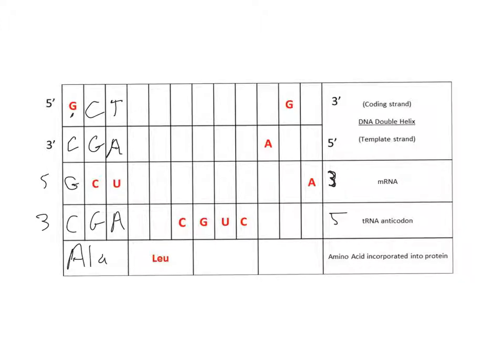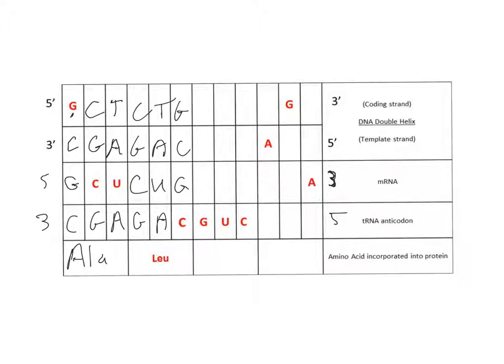And since I've given my C here, I know that the first two must be C and U, and again we have to remember that it's from the mRNA that we're reading that genetic code. Now with the C there in my anticodon, I know that this codon for leucine was CUG, and then from there we just work our way through based on complementarity and what's similar. I know that the coding strand is similar, CTG, and I know that the template strand is complementary, GAC, and it should be the same as my anticodon.